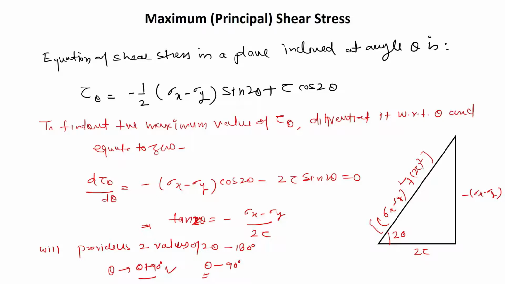Using this triangle we can find the values of sin 2 theta and cos 2 theta. Sin 2 theta can be written as perpendicular over hypotenuse and cos 2 theta as base over hypotenuse.